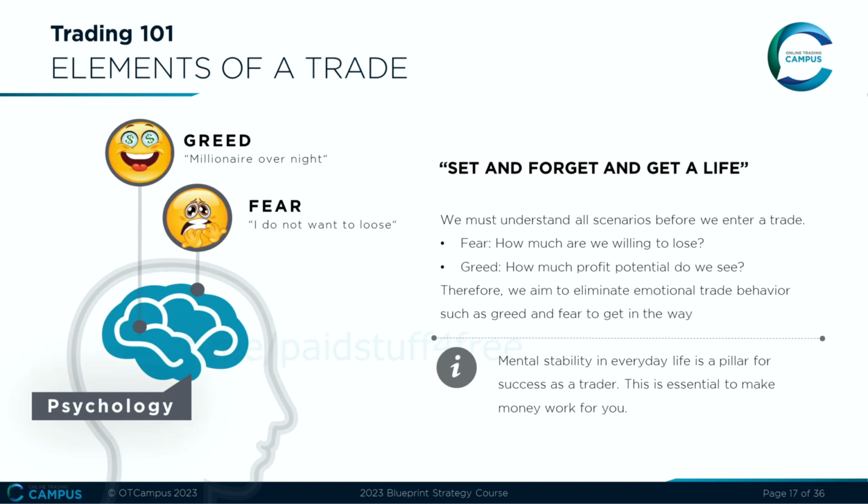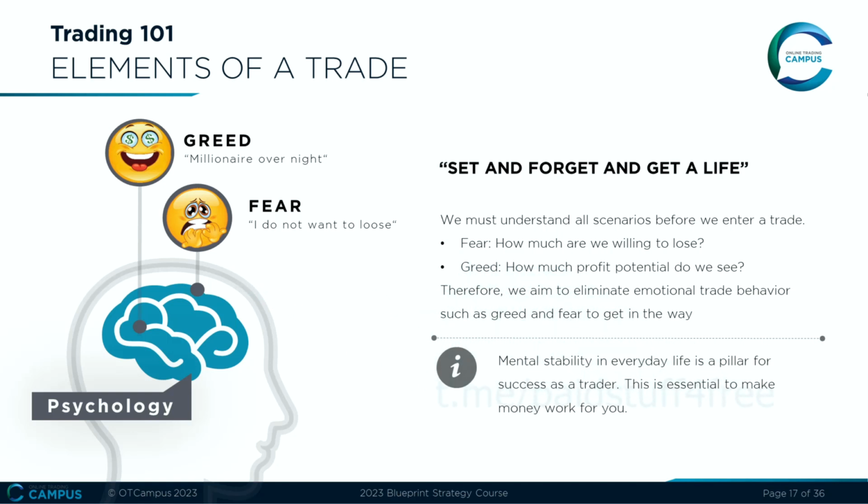The better interpretation of set and forget is not to completely forget about the trade, but to manage the risk and manage the reward and manage the trade efficiently enough so that after taking a trade rationally, your emotions will not interfere with the decision-making process that you had undergone rationally before, just because you see certain numbers on the screen, whether fear of losing, I don't want to lose money right now, or my risk is $100, but it's already at $50 in the negatives, and I don't want to lose more, right?